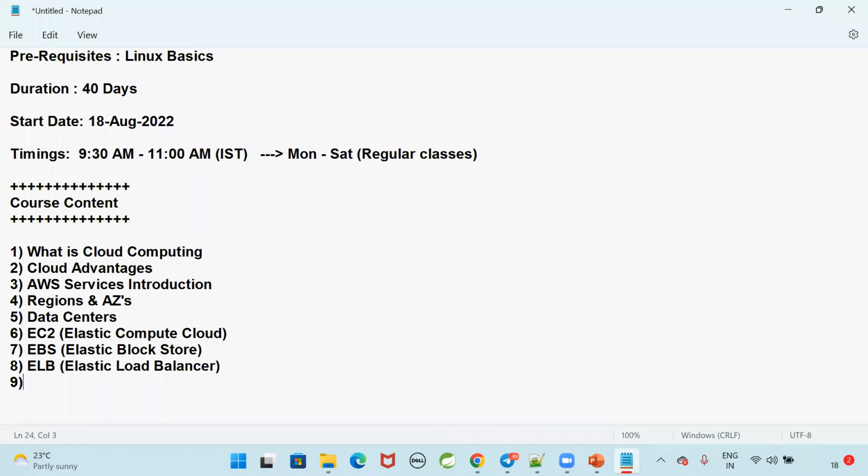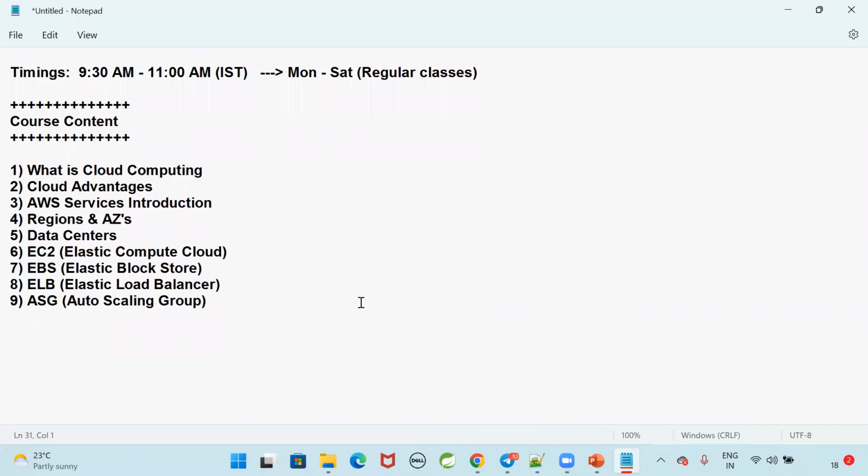Then we'll talk about ASG, that is Auto Scaling Group in AWS.